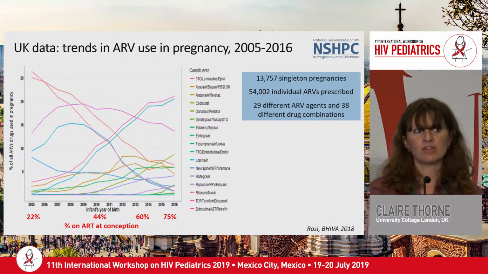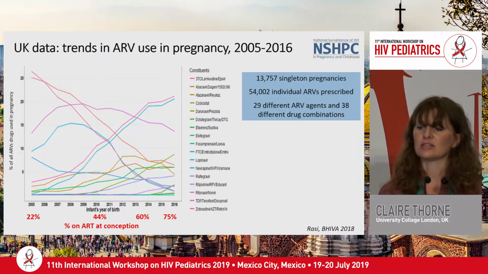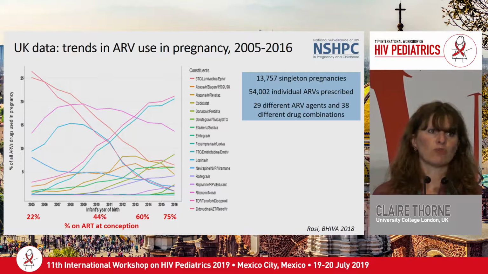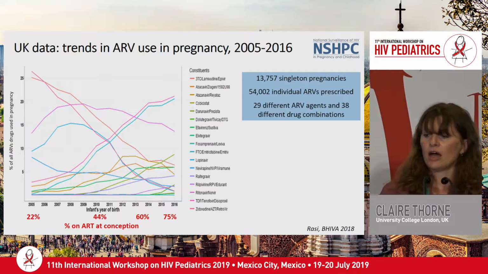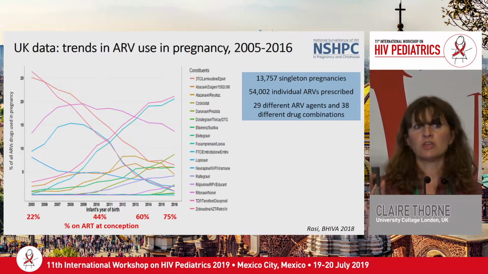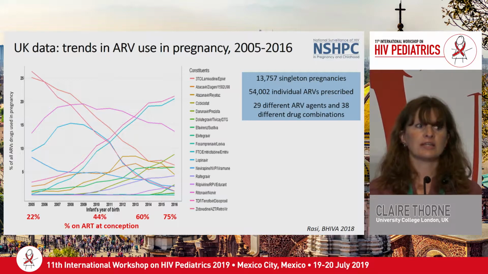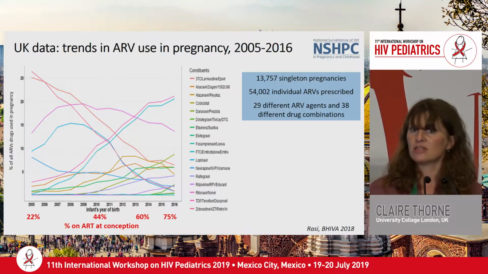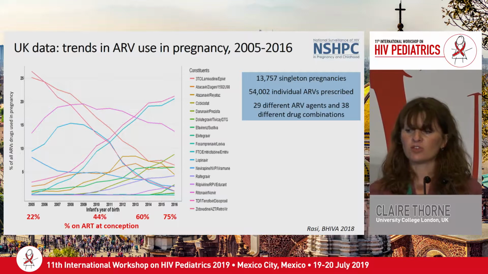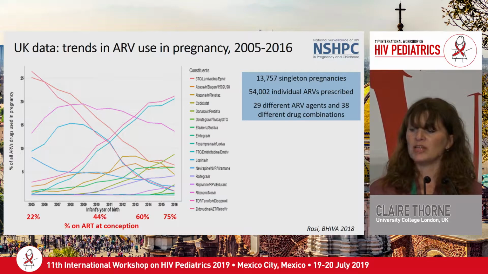I wanted to show you this snapshot analysis of trends in ARV use in pregnancy from the UK. The unit of analysis here is each individual agent. In this time period, 2005 to 2016, there were over 54,000 individual ARVs prescribed and nearly 40 different drug combinations.